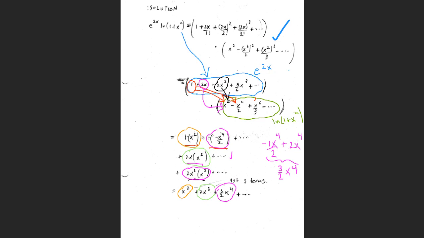Now I can find other terms in this product of the 2 series, but those terms are going to have degree 5 or more. Okay. And I'm not worried about those because I only want the first 3 non-zero terms.